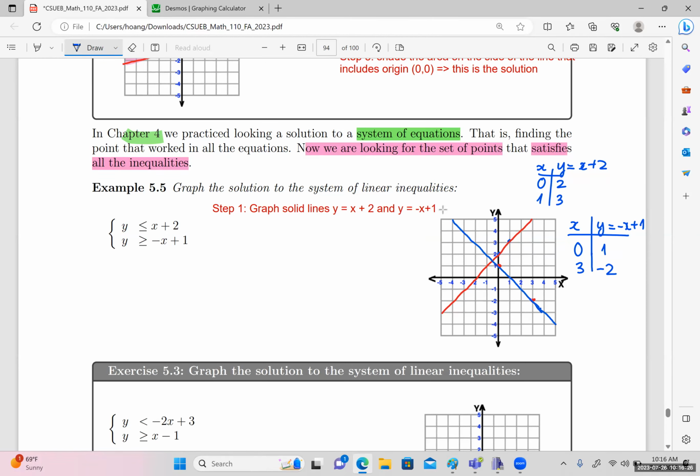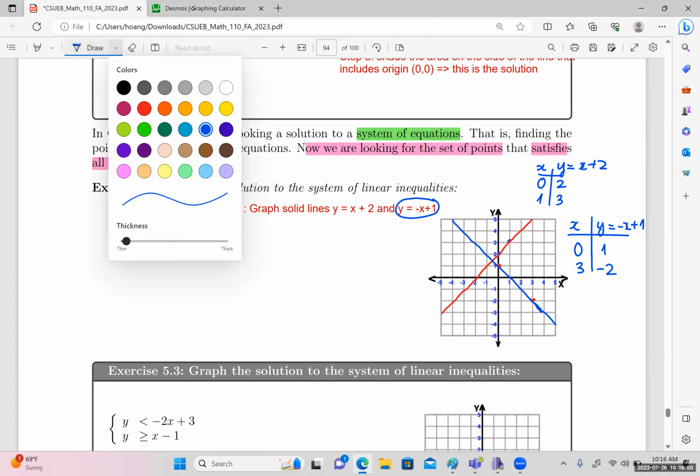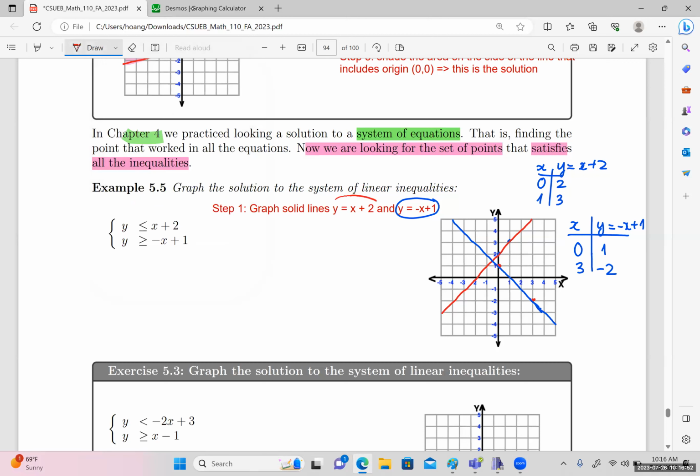All right. So we have 2 lines. One is the blue and one is the red, right? So I will say the blue one is this guy. The red one is this guy.